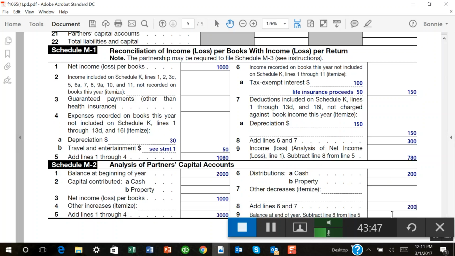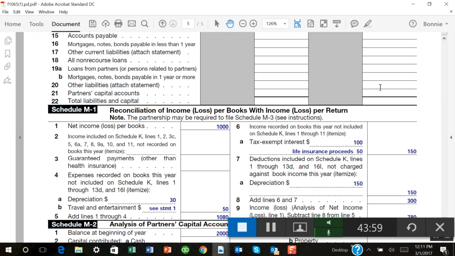And then on line 9, I just subtract 200 from 3,000, so I get 2,800. Okay, that balance, that 2,800, ties to the balance sheet, total partners' capital at the end of the year. And the total partners' capital at the beginning of the year on the balance sheet needs to tie to line 1. This is a beautiful thing.